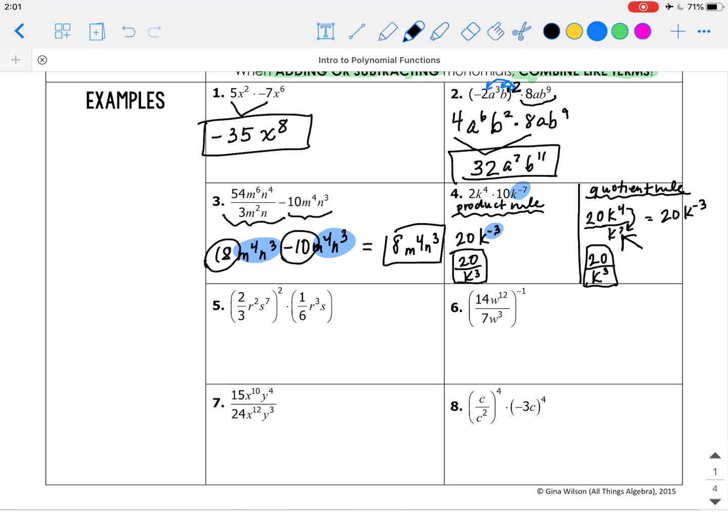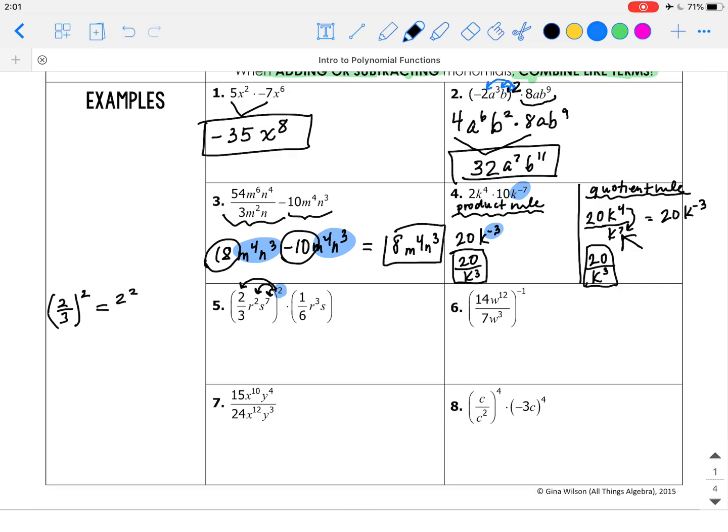So let's look at number 5. So we have another situation where we have to distribute an exponent, right? So I got to make sure I'm going to apply it to this guy, and this guy. So I'm going to do some scratch work over here. So 2/3, when we square 2/3, we have to square the top and the bottom.